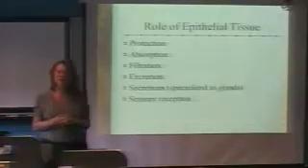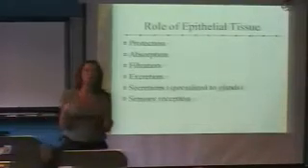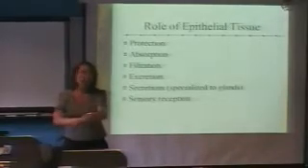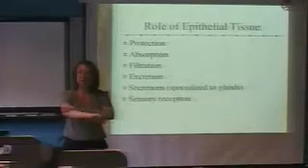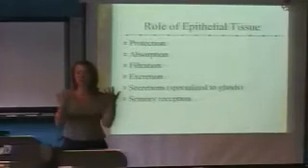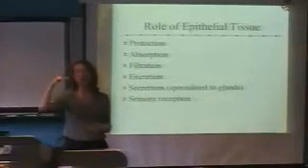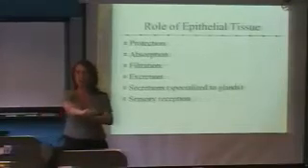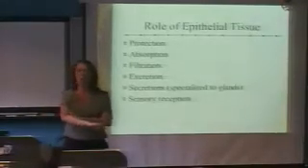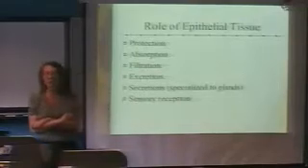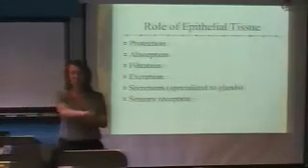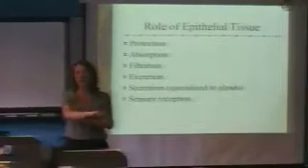The role of epithelium is a multitude, but two of the major things that it does is it provides protection. The epithelium on the surface of our skin, also known as the epidermis, provides protection. If I rub my skin, I'm not going to rub down to the underlying musculature; I'm going to have layers of cells that will help to protect.